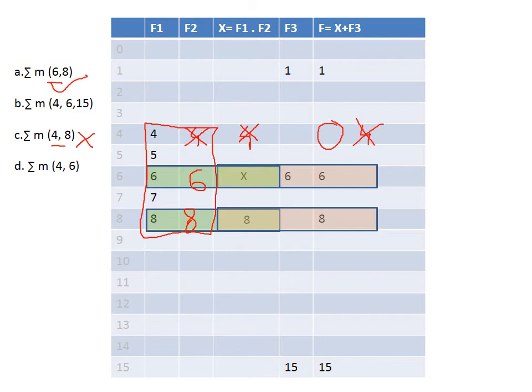It cannot cross this boundary because it will be an intersection of these two terms. So neither 15 is possible nor 1. The only answer possible is 6, 8.